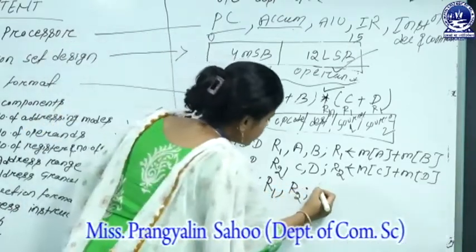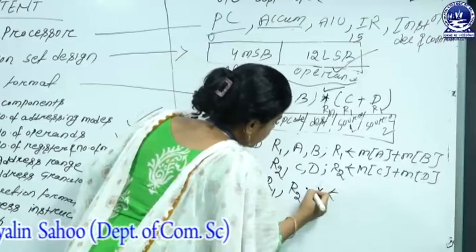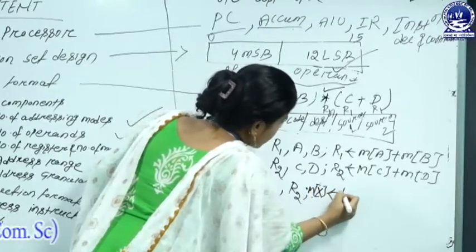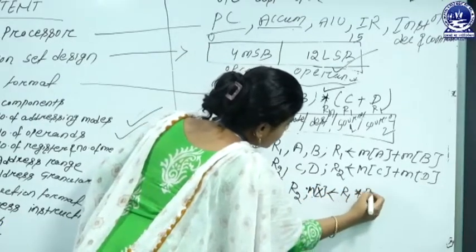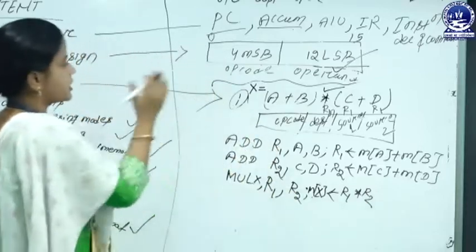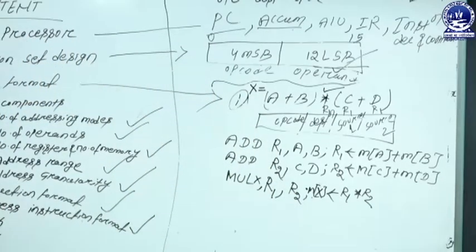That means here M of X equals R1 into R2. So this is the expression of the 3 address instruction format.